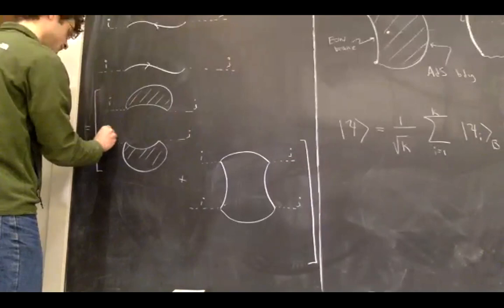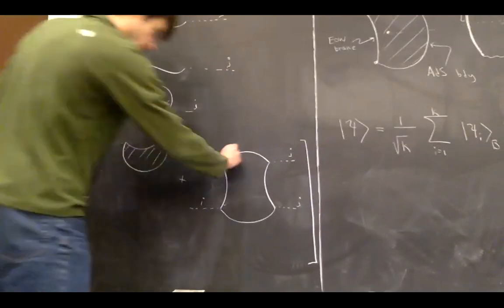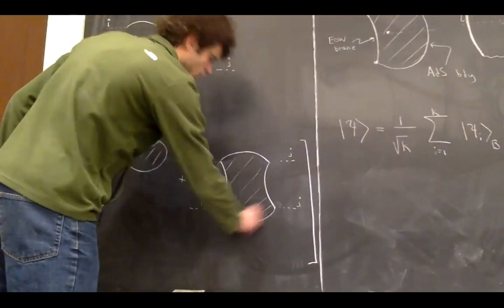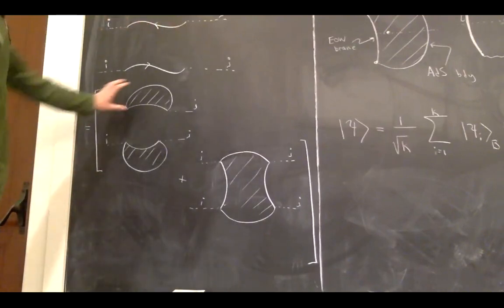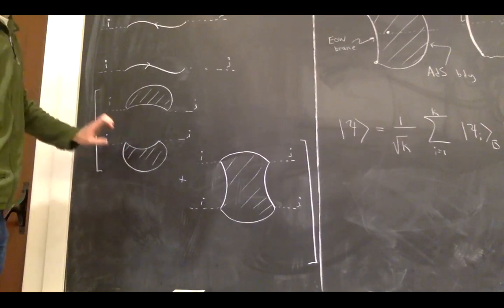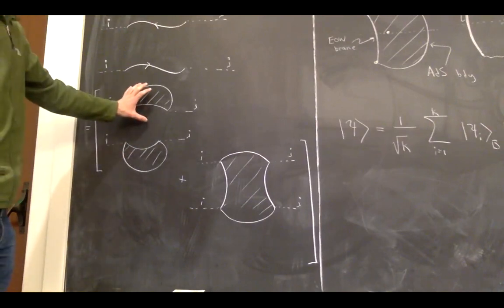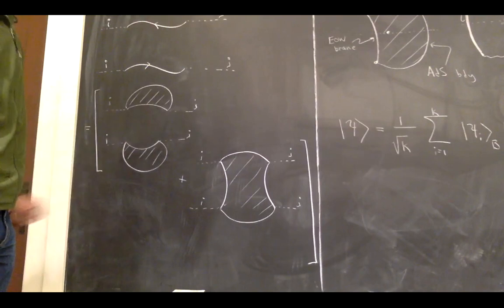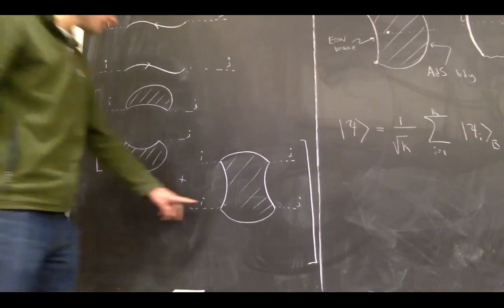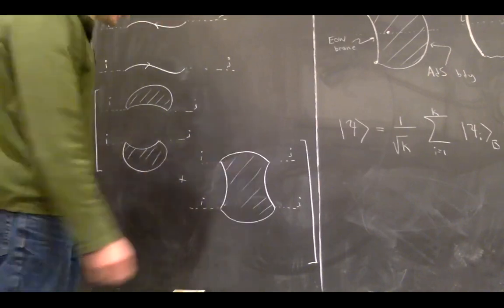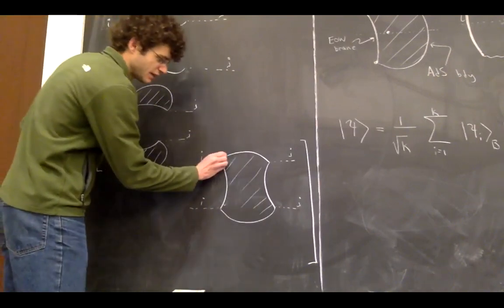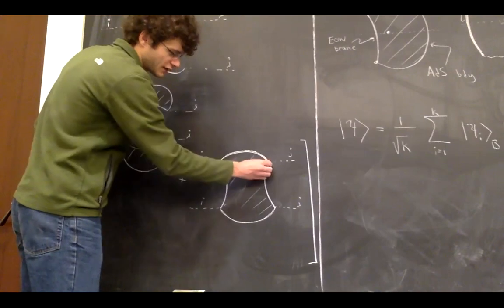So here are the two geometries that can contribute to this quantity. One is just two disconnected copies of the previous computation. That's clearly going to be proportional to Kronecker delta ij. The other geometry that can contribute is one connected geometry, where the boundaries curving inwards are the end of the world branes.